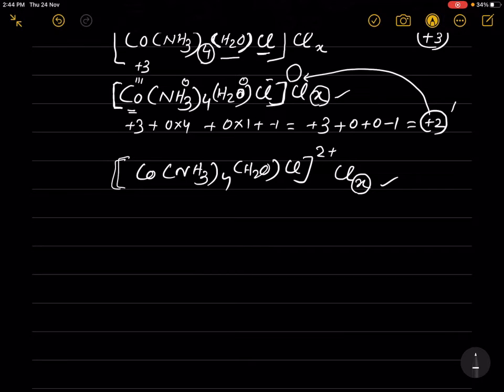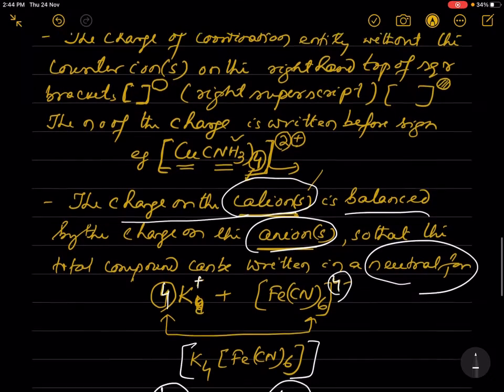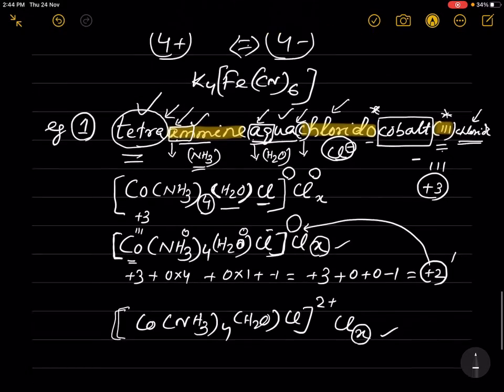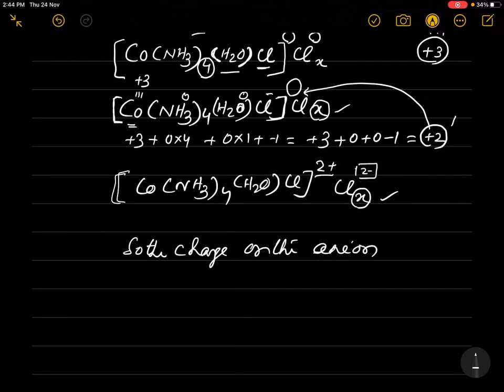Here it is written that the charge on the cation is balanced by the charge on the anions, so that the total compound can be written in a neutral form. This is 2 plus, so definitely the charge on the anion should be minus 2, but it should be written as 2 minus.